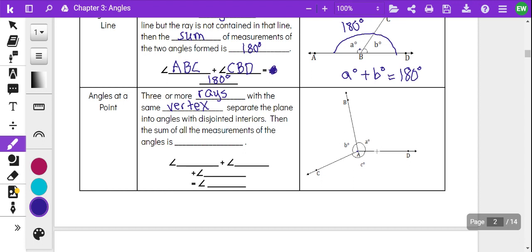So we have all these angles. Disjointed means they're separated. They're all adjacent though. But it's important that they're all adjacent because we can see that we have a circle here now. Okay? And the measurement of a circle is 360 degrees.